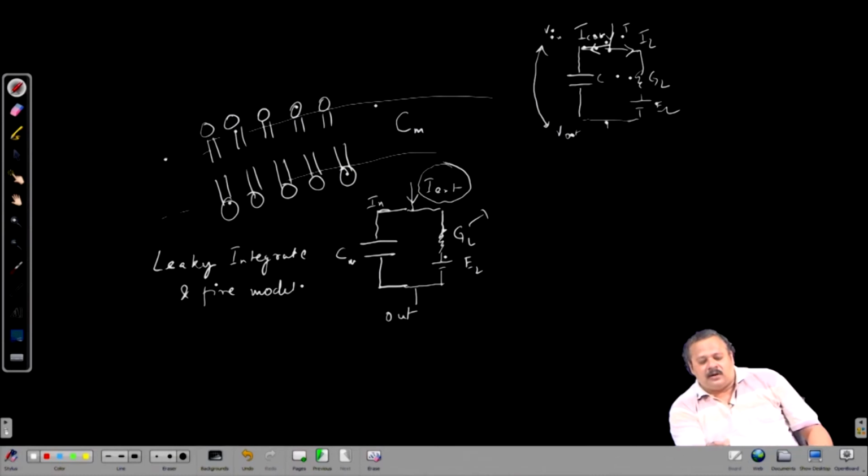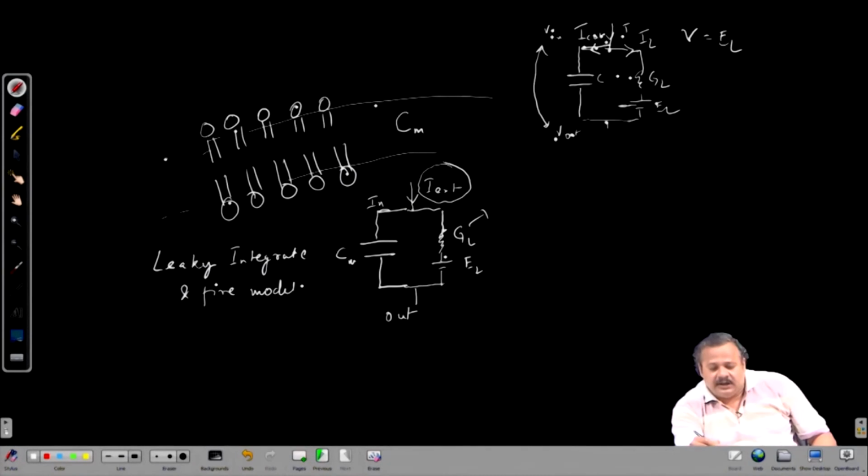That would happen when V in minus V out matches this E leak. If V is equal to E L, there will be no net current flowing across the membrane in this model.